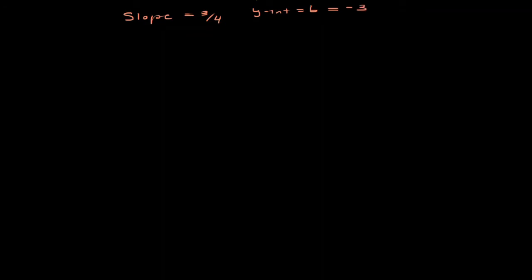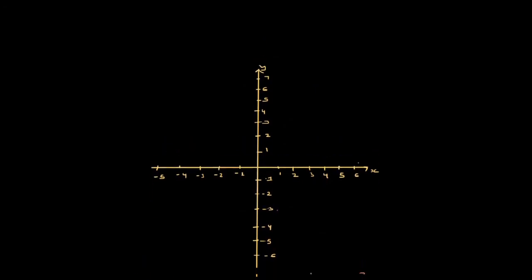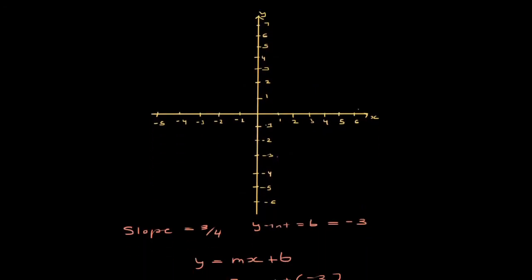I want you to write this in the slope-intercept formula. So what was the slope-intercept formula? We know that it is y equals mx plus b. Make sure you pause and give this a try. Since we know what m is, it's a simple substitution, and b would be minus 3. So y equals 3/4x minus 3. And that is the equation.